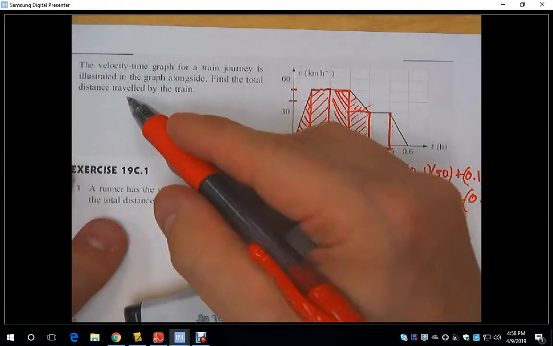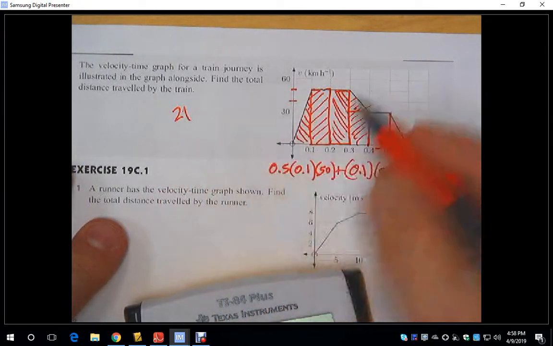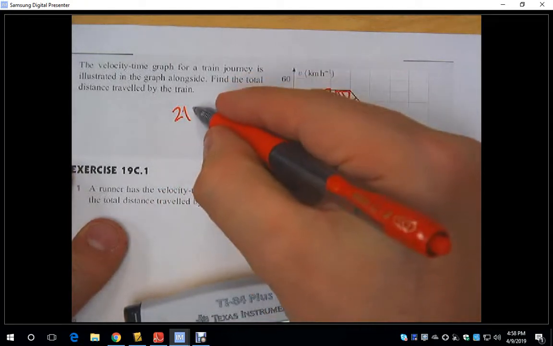So how far did the train travel? What was the total distance traveled? It is 21 kilometers.